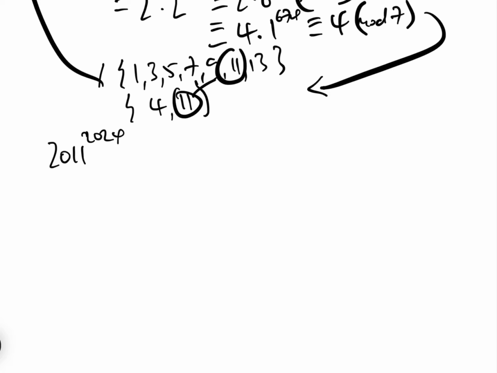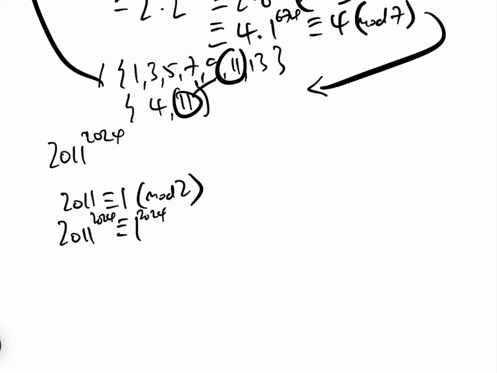So 2011 to the 2024. Okay, so let's do the same trick. Let's do it mod 2. 2011 equals 1 mod 2, so therefore 2011 to the 2024 is equal to 1 to the 2024 mod 2, which clearly equals 1. Now let's look at 2011 mod 7.